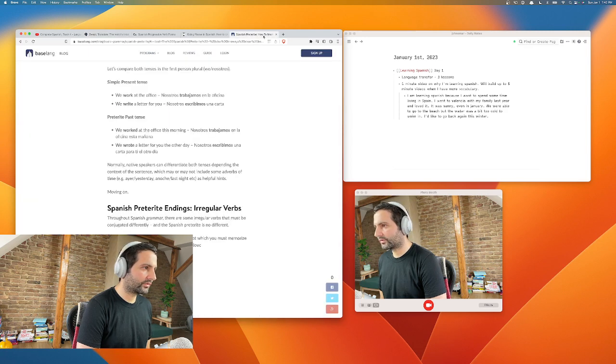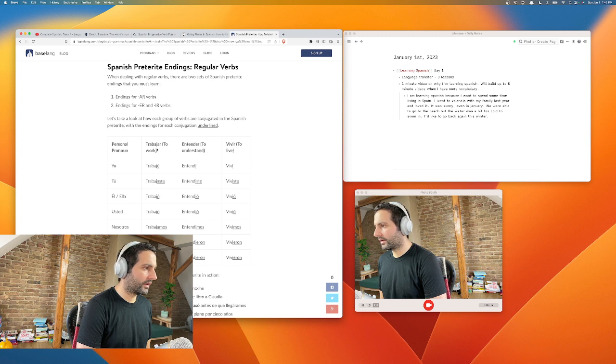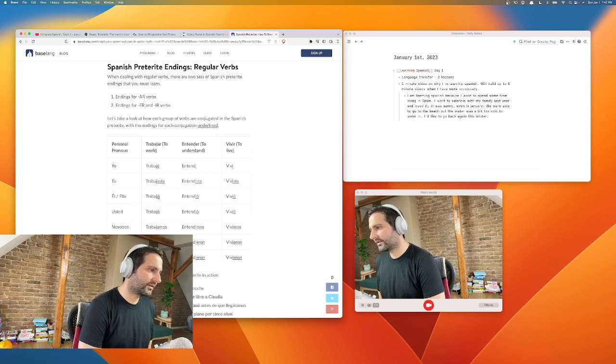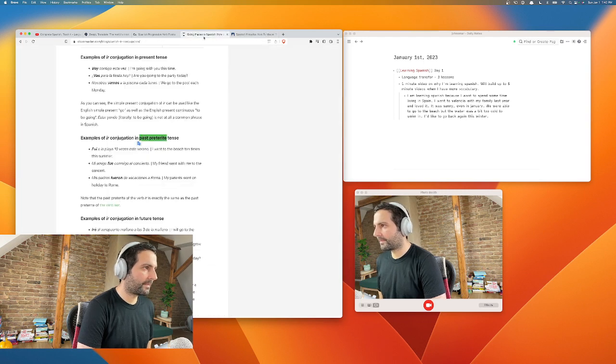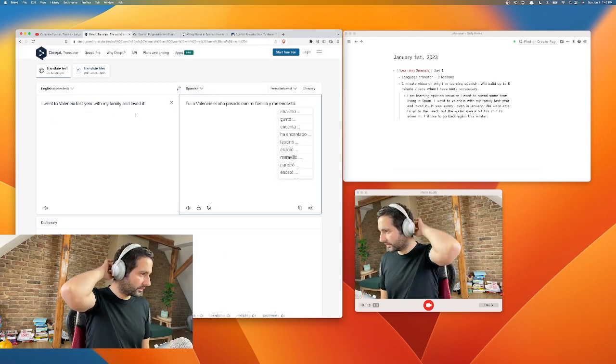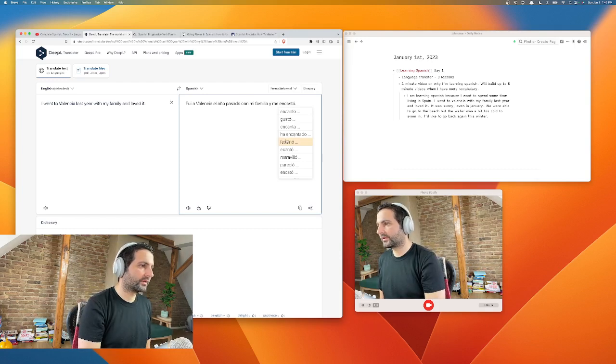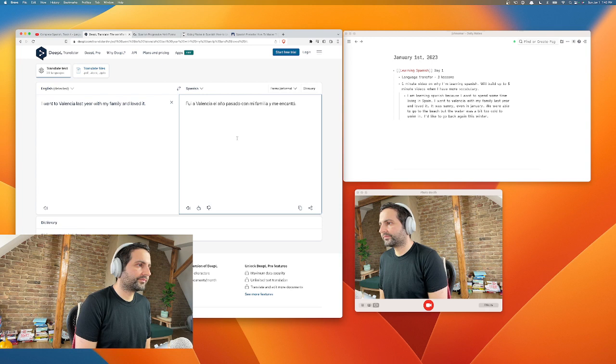Encantar, which would be an AR verb, and then conjugated with él and ella, I think. So encantó, it, I loved. Okay. Okay, so fui a Valencia el año pasado con mi familia y me encantó.